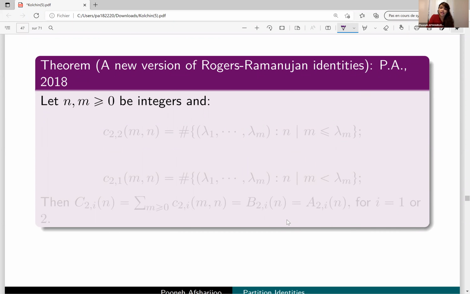the previous theorem, and which proves that even if we fix the length of partitions, the theorem will still be true, and also which adds a new member to the second Rogers-Ramanujan identity.